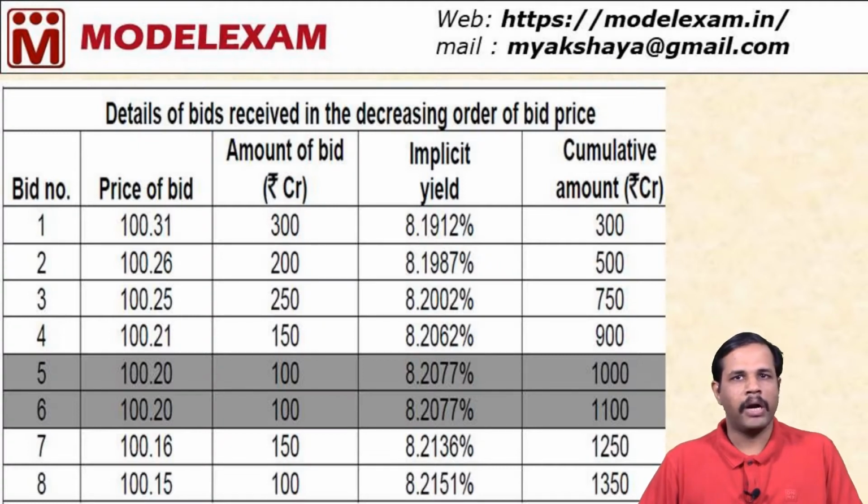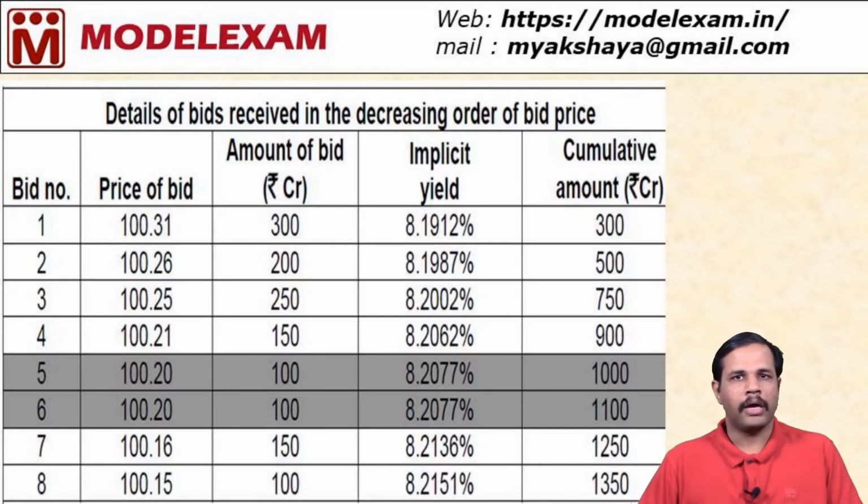Whereas in case of multiple price auction, every bidder will pay the actual price they had bid for: the first bidder will pay 100.31, the second bidder will pay 100.26, the fourth bidder will pay 100.21, the fifth bidder will pay 100.20, and so on.